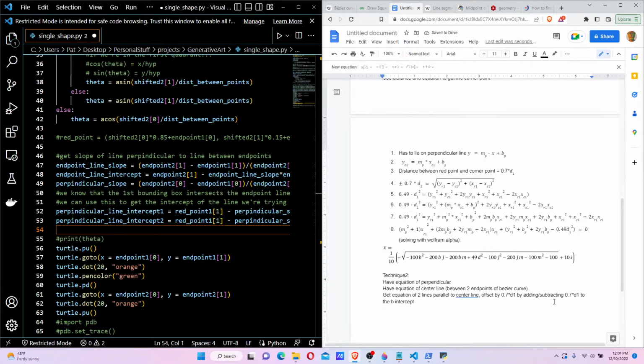And then the four corners of the bounding box should be the intersections between, I'm going to call these steps, so that's step 1, step 2, step 3, and step 4.